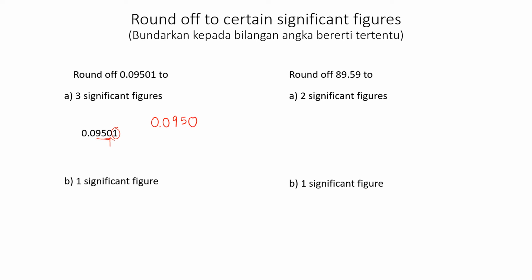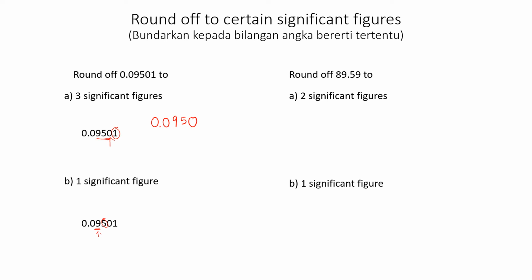For question B, round this number to one significant figure. The one significant figure is from here, only one number. We look at the next number to decide whether to round up or remain the same for the number 9.